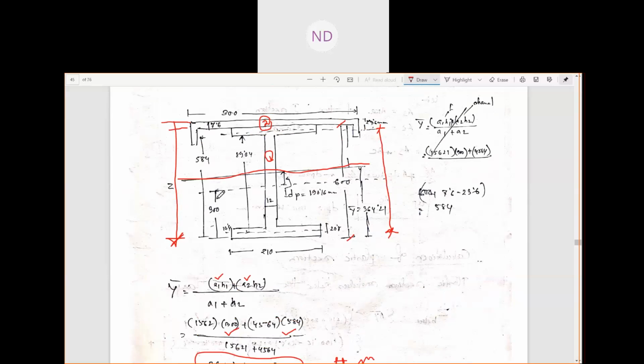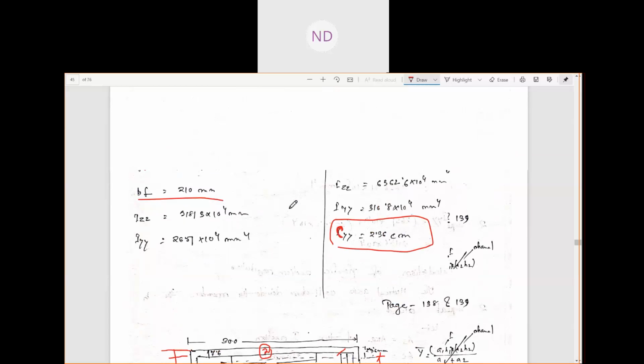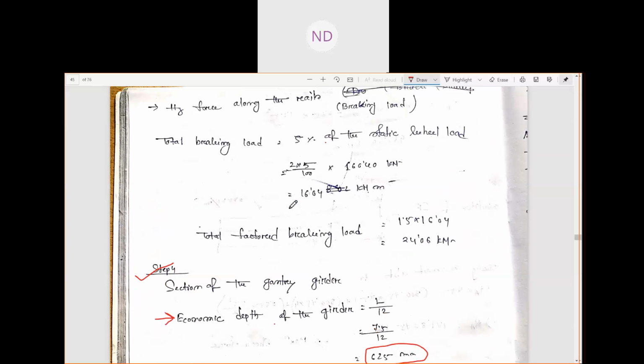This 300 minus, if you do this 300. If you subtract from this, 300 minus this, where it is. Here I think, no, I am not sure.